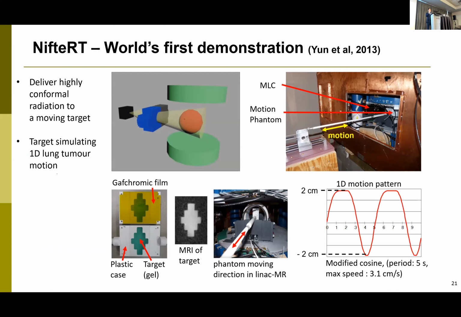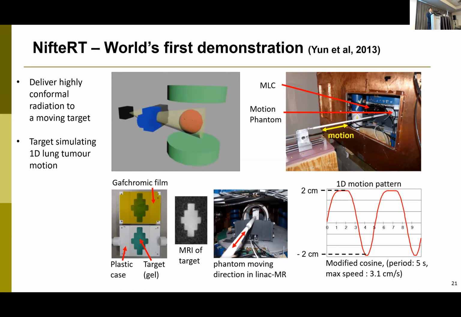So I was talking about NIFT-RT for many years. I wasn't calling it NIFT-RT at that time, but at the end of my PhD, I had to show something, right? A physical demonstration, so people will believe me. So I had this experiment done. I have a moving target in the linac-MR, as you see here in this animation. The target was simulating lung tumor motion.